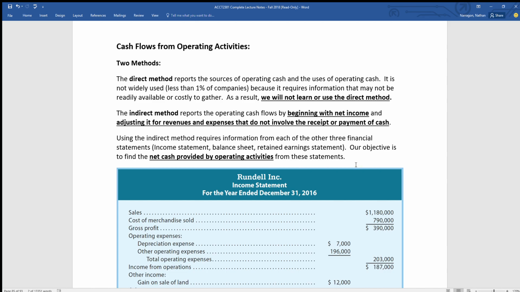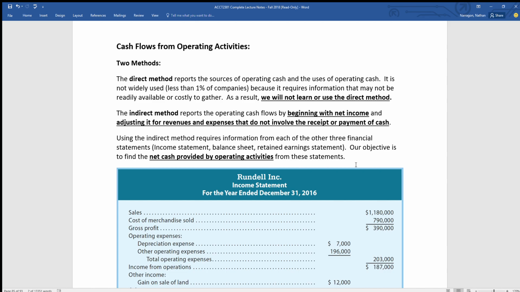And it requires a lot of information that's usually not available to us, and that we're going to actually have to go research and items like that, which raise costs. And again, we're in the cost effectiveness stuff. So since it's only used by 1% of companies in the real world, we're not going to really go with the direct method here.